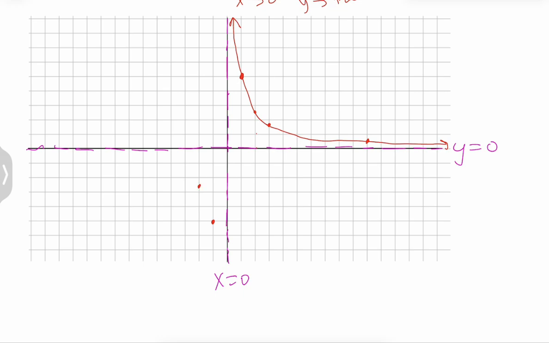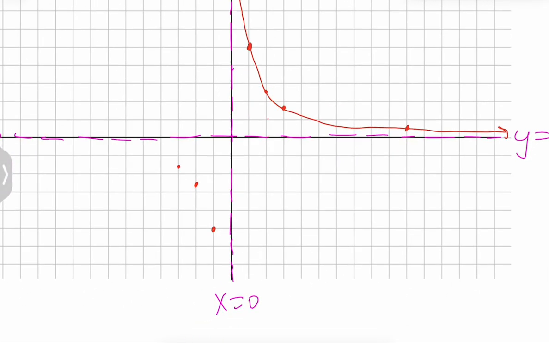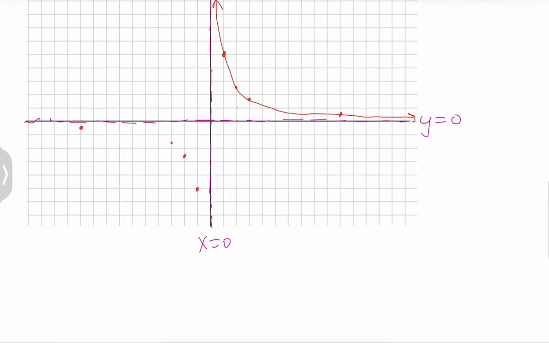If we plug in -3, we'd be at -1.7. If we plugged in -10, we'd be at -1/2. Okay, so 1, 2, 3, 4, 5, 6, 7, 8, 9, 10, -1/2. There is a mirror on this side.